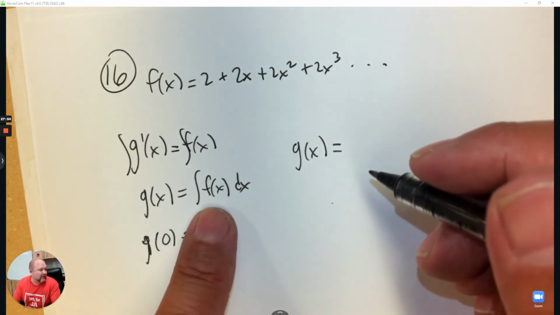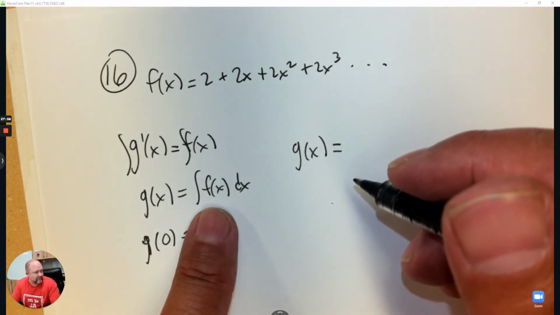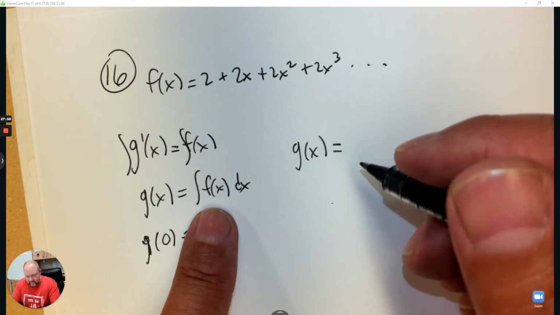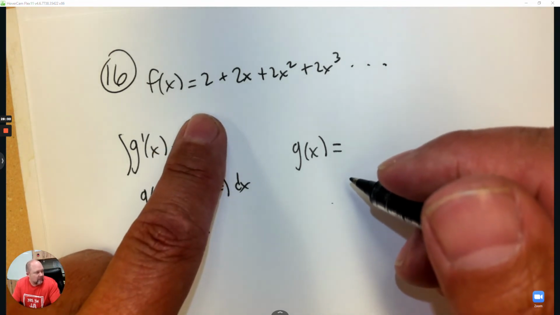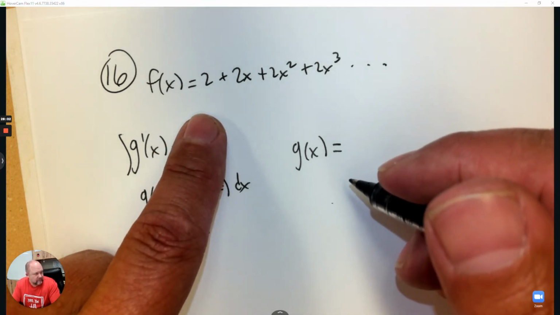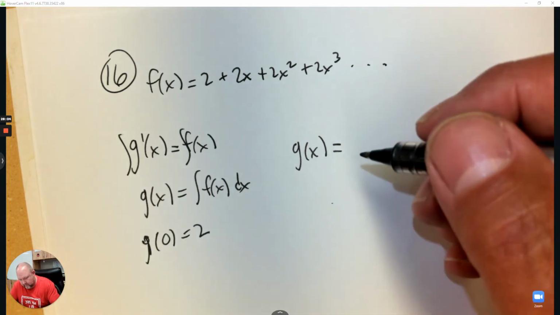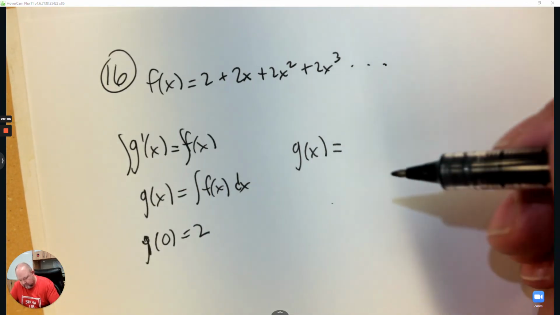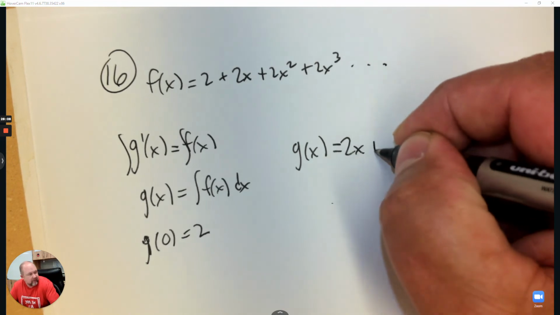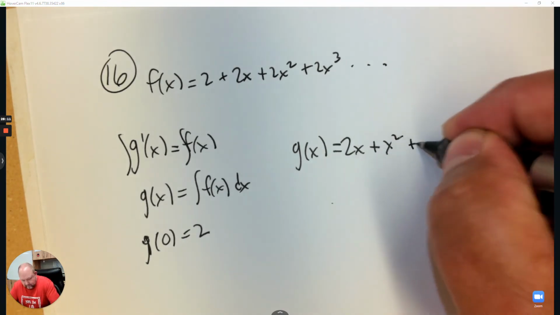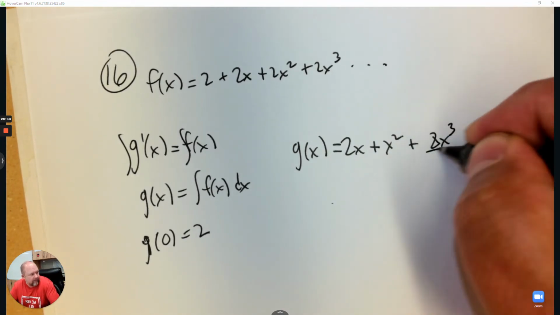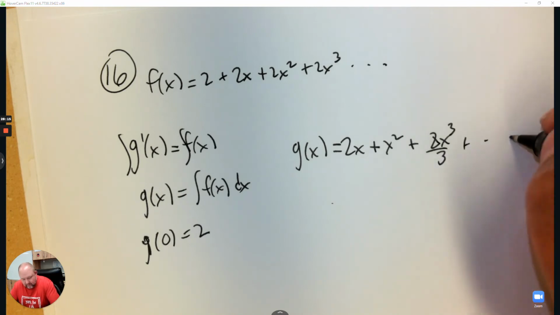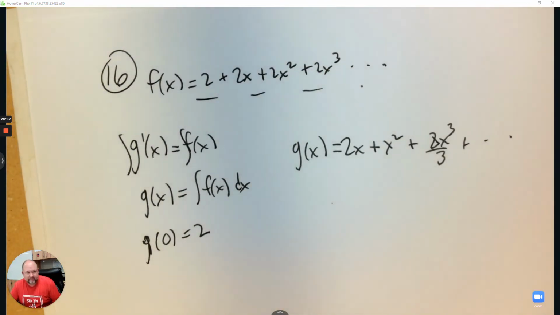So we're going to integrate this. And so on. So we just integrate each one.